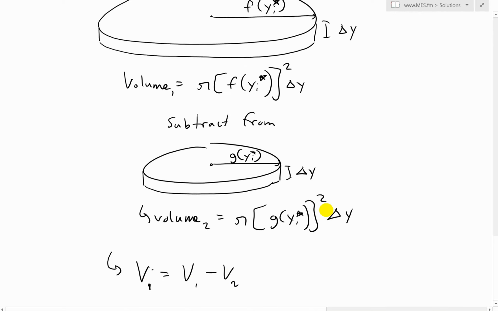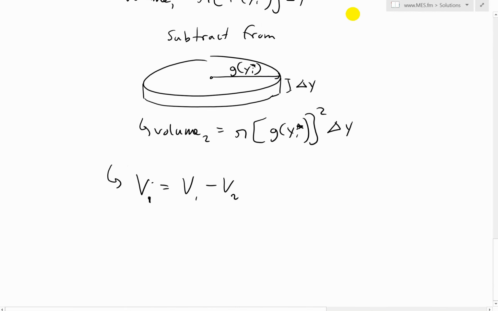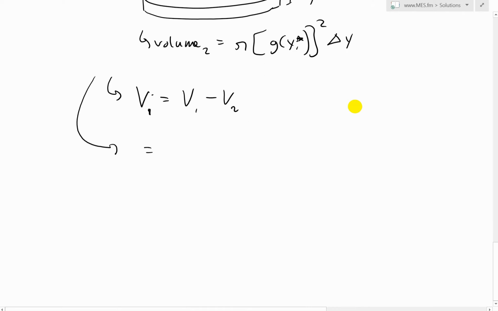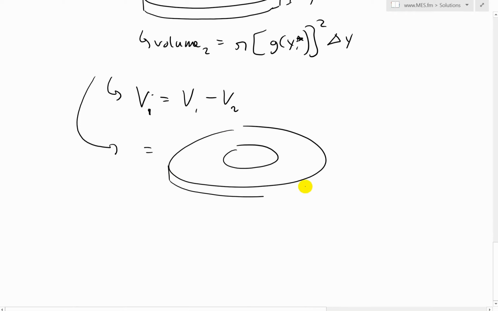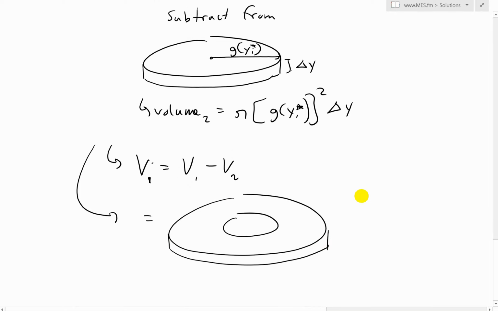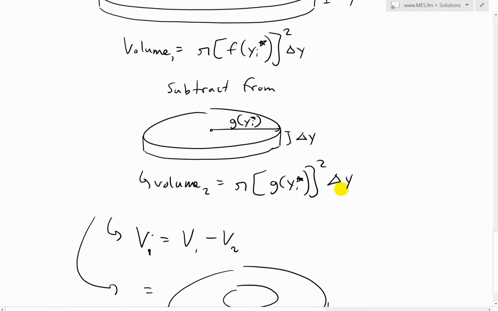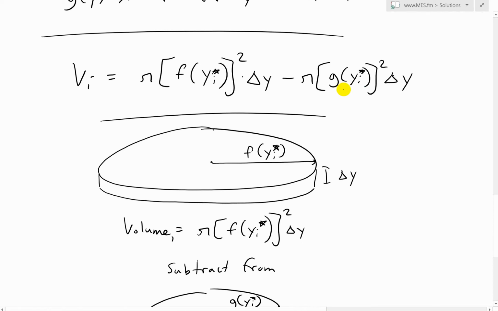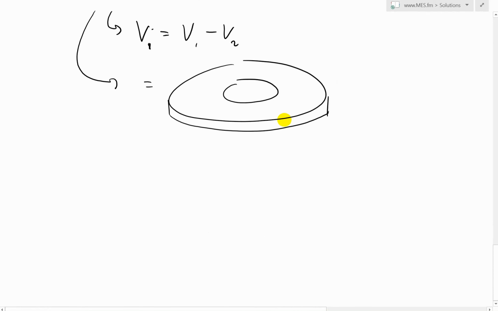So volume 1 minus volume 2, and we end up getting a ring, or a flat donut, etc. That's where we get this part right here, and we can simplify it further by writing Vi as pi and then factoring out the delta y.